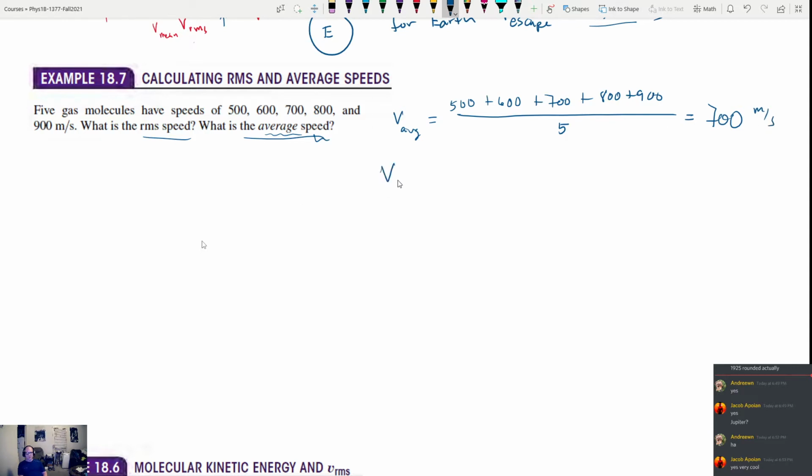What about the RMS velocity? To find the RMS velocity, we have to take the velocities squared, and we have to average those. So our RMS velocity is going to be 500 squared plus 600 squared, and so on.